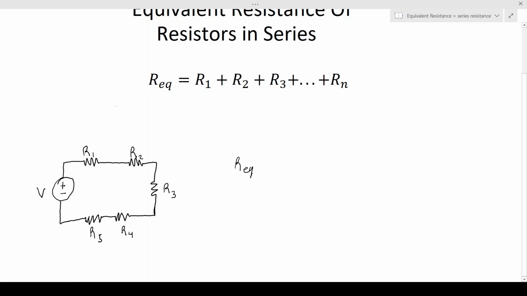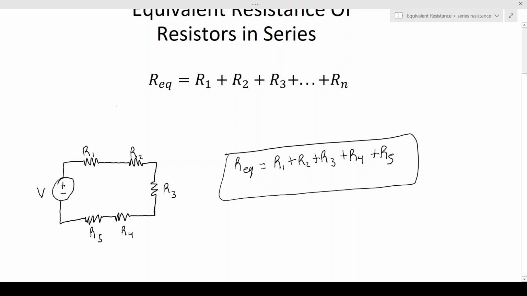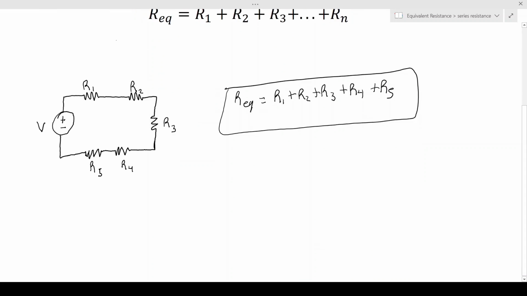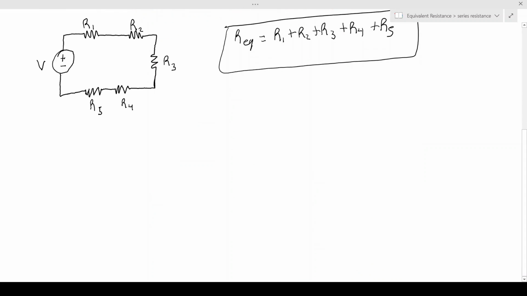Req in this case will be equal to R1 plus R2 plus R3 plus R4 plus R5. In this circuit, the equivalent resistance will be R1 plus R2 plus R3 plus R4 plus R5. And now, once we have the equivalent resistance, we can simplify this circuit into a simple circuit.